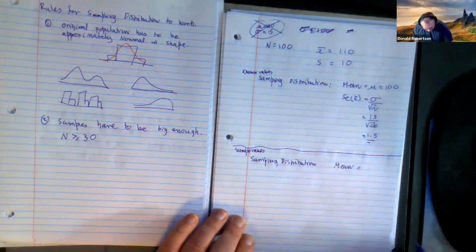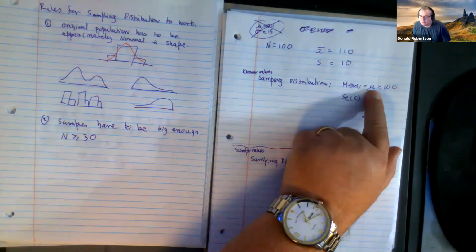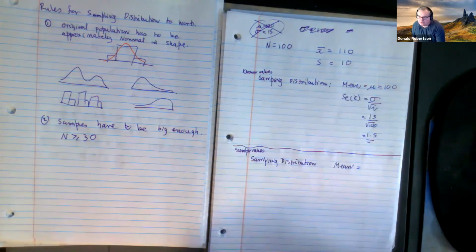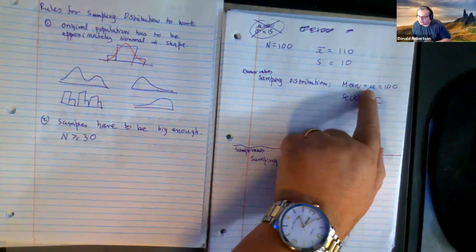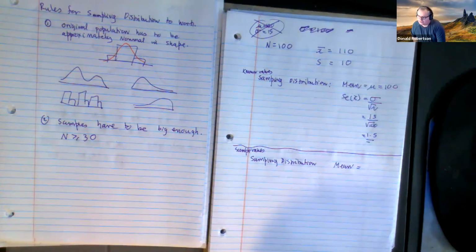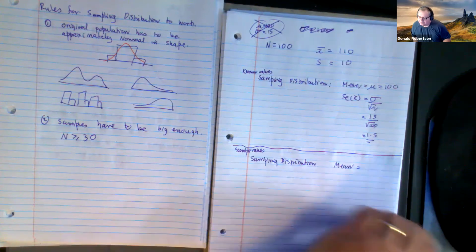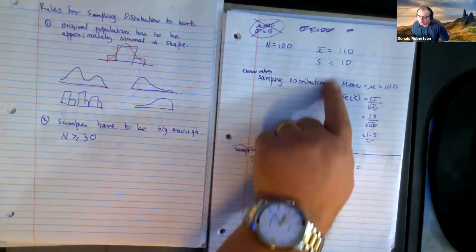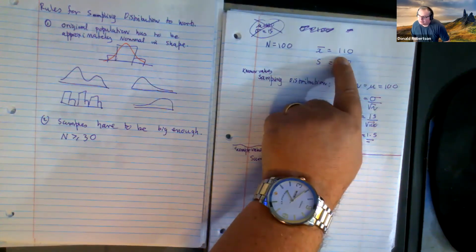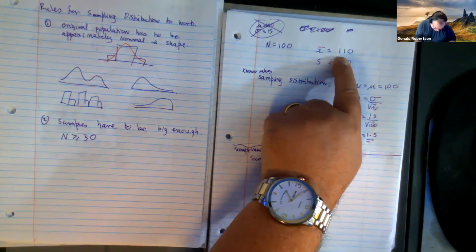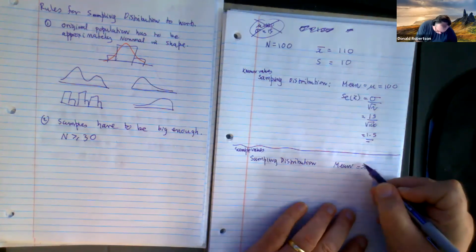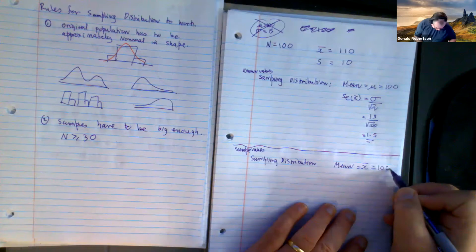If you do not know the population mean, what do you think you use as your best guesstimate? If you don't know what mu is, right? Nobody knows it's 100. What would you use? Well, you use the sample mean. It's the only number you've got. So you'd use 110. It's an approximation.